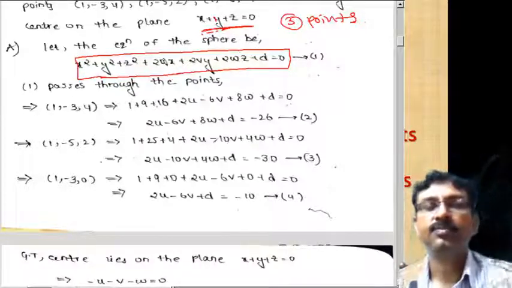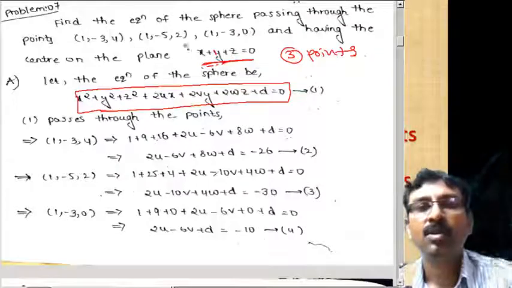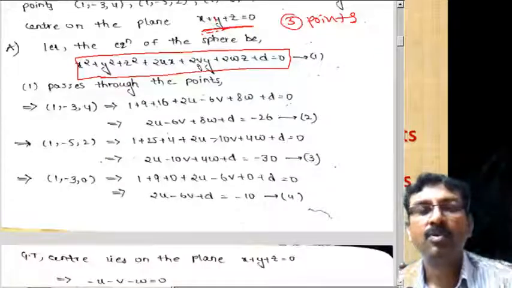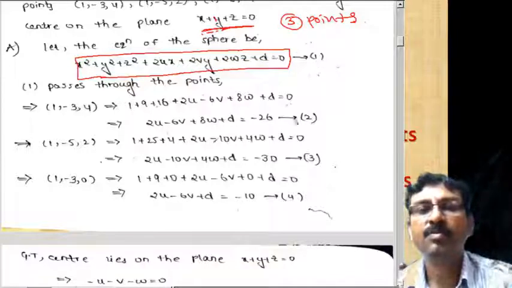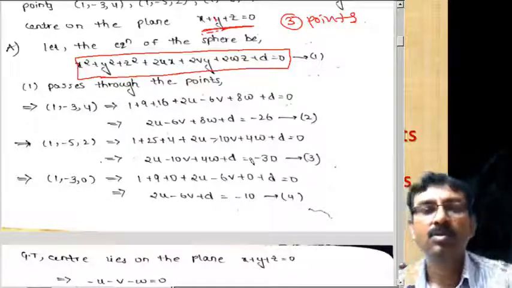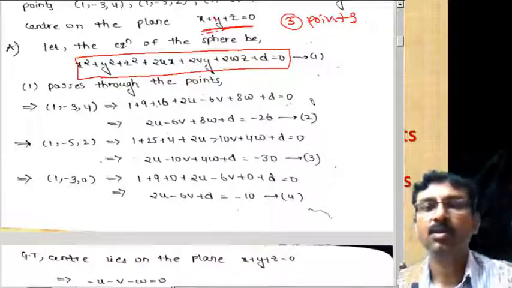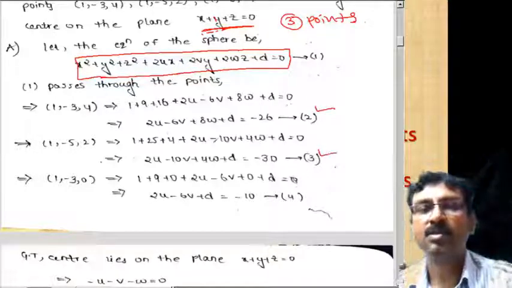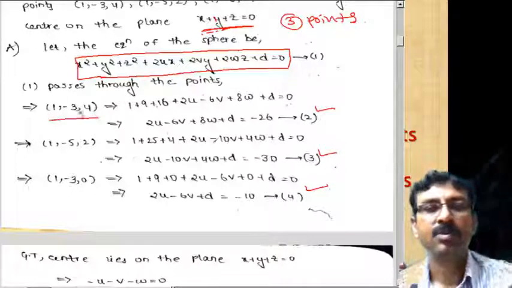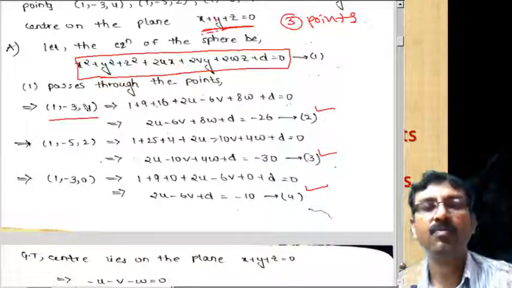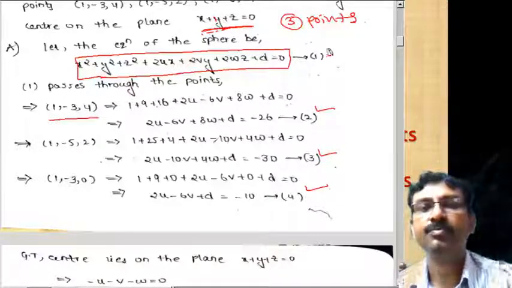So here 3 points are given. We are going to substitute 3 points in the equation 1. Then we get 3 equations. First we substitute 1, minus 3, 4 in the equation 1.